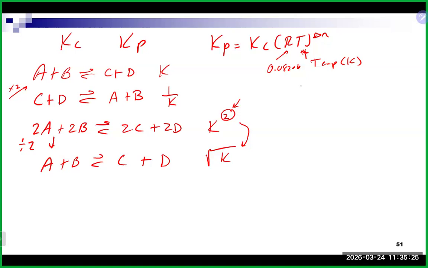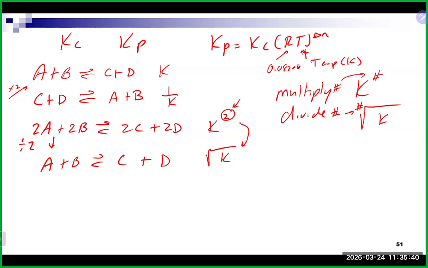And that's the same idea. So if you have to multiply by a number, you take the K value to that number. If you have to divide by a number, you take the root of the K value to that number. And that again is the kind of manipulations of the equilibrium constant and the equations.